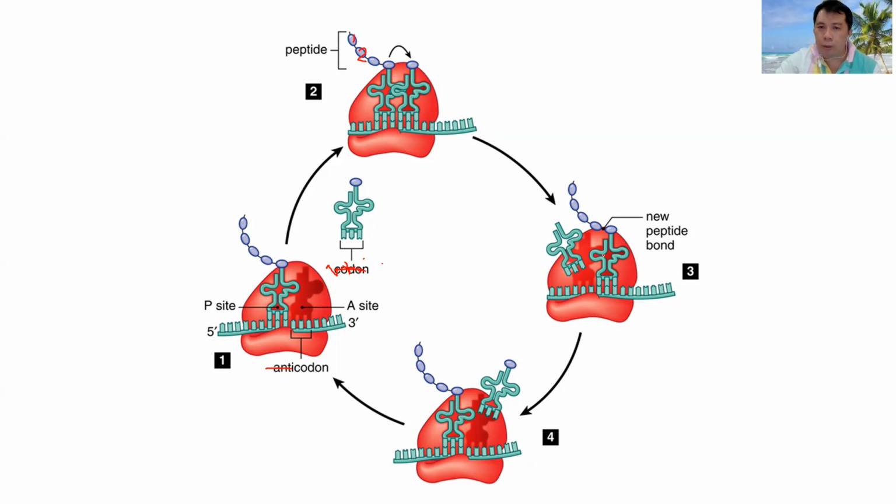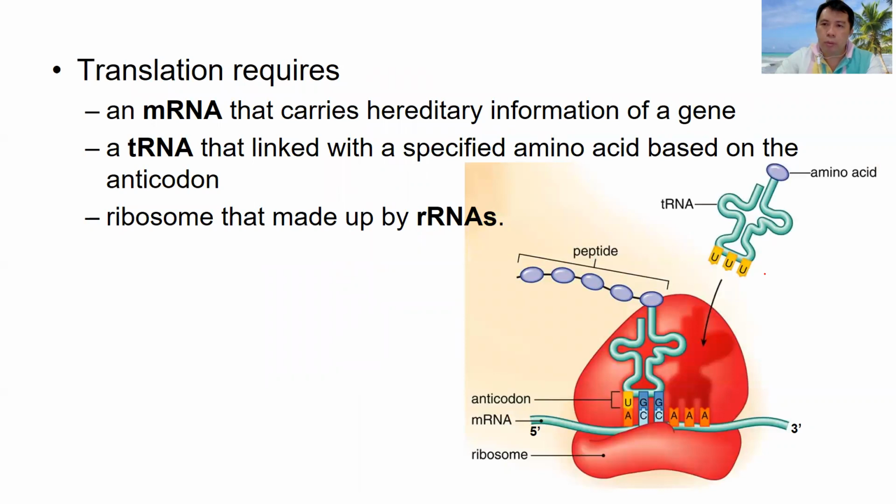The rRNA is found in the ribosome. Translation, or protein synthesis, requires RNA. The mRNA carries the hereditary information. Where does the hereditary information come from? From DNA.